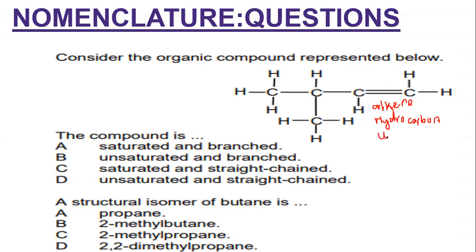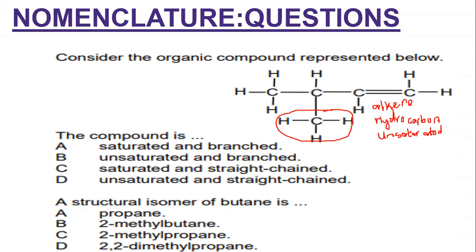And I know that if I have a double bond between carbon and carbon atoms, then we say this molecule is unsaturated. Furthermore, I can see that the longest chain without breaking is 4 carbons, and there I have a branch. So there's a lot that I can learn from this molecule.